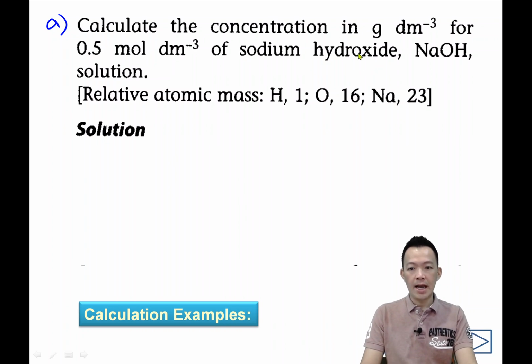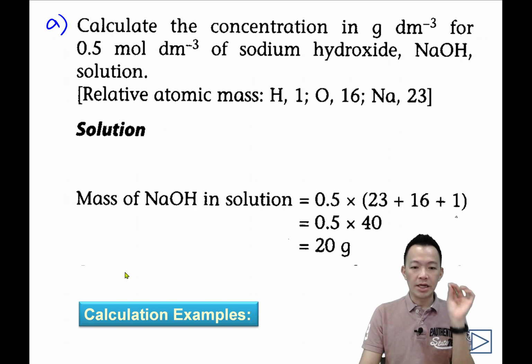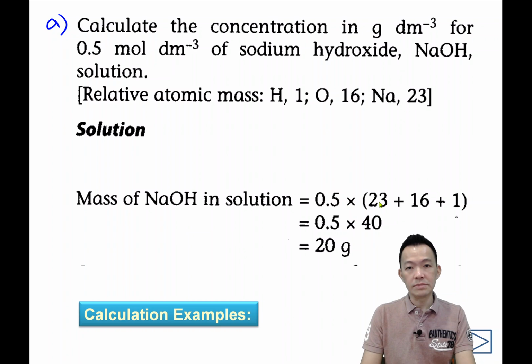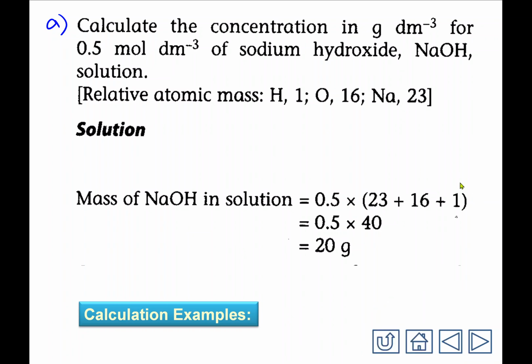Okay, as I still remember, sodium hydroxide 1 mole is 40 gram. Sodium 23, hydrogen 1, oxygen 16. So 1 mole is 40 gram, 0.5 mole how many gram? 20 gram. So the mass of the sodium hydroxide equals the number of mole times the molar mass. 乘它的 molar mass, 还记得吗?